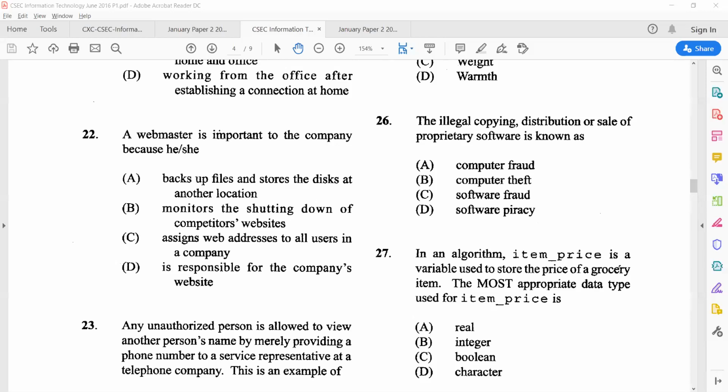So fraud would be in that sense, right? Computer theft is stealing computers, devices, or parts. And piracy would be a copy. Well, the answer to the question, which is illegal copying and distribution or sale of proprietary software, okay, so that's the answer for 26.